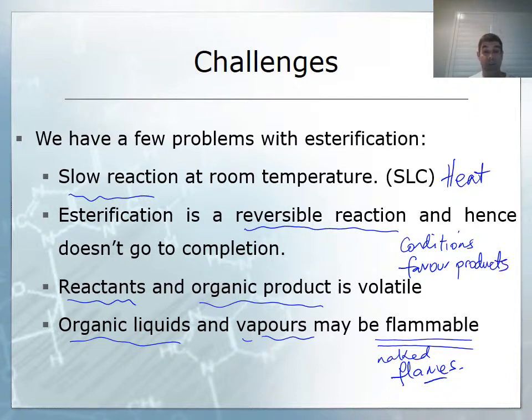The volatility means we want to make sure we cycle the materials so that we don't lose too much of our reactants. And then finally, we need to think about the source of our heat that's not going to bring potentially flammable vapors in contact with a naked flame.